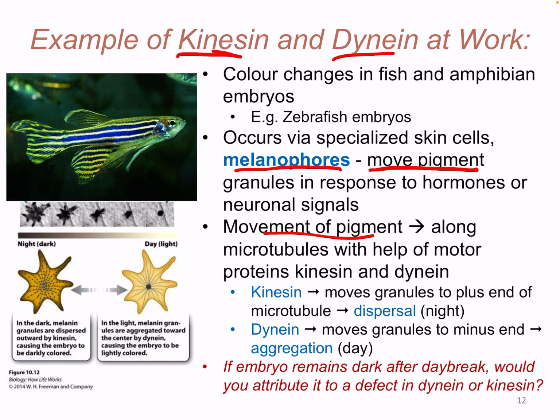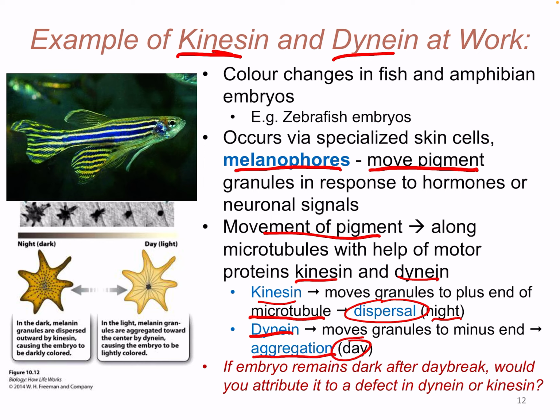So again, movement of the pigment along the microtubules with the help of kinesin and dynein. In this case, kinesin moves granules to the plus end of the microtubule, causing dispersal, and this occurs at night. Dynein moves the granules to the minus end, causing aggregation during the day.